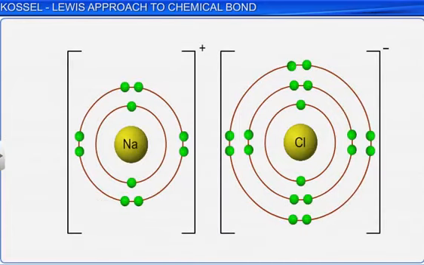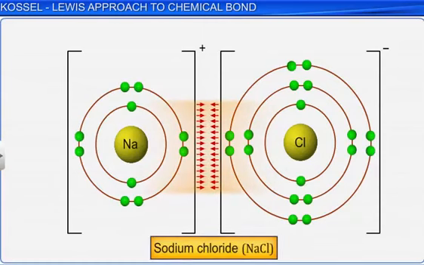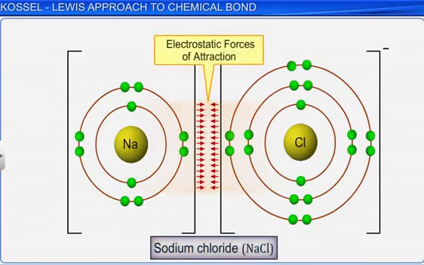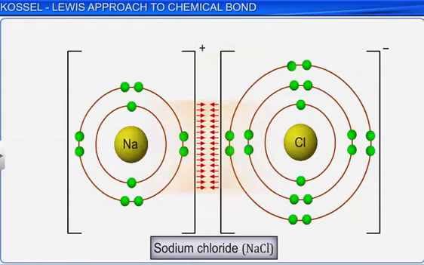These two oppositely charged ions approach each other and form sodium chloride. Due to the strong electrostatic forces of attraction between these oppositely charged ions, an ionic bond is said to be formed. Thus, sodium chloride is formed by the transfer of electrons from sodium to chlorine. The number of unit charges present on the ion is called electrovalence.